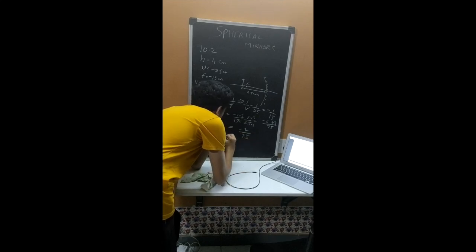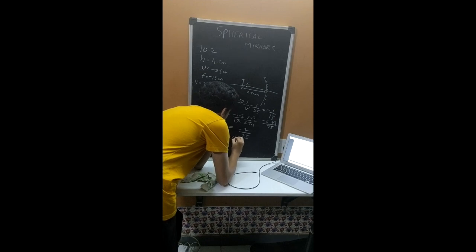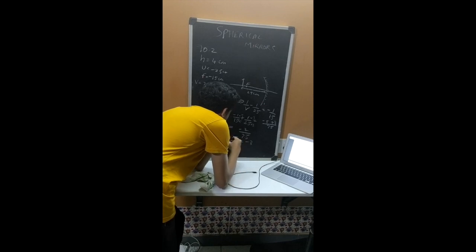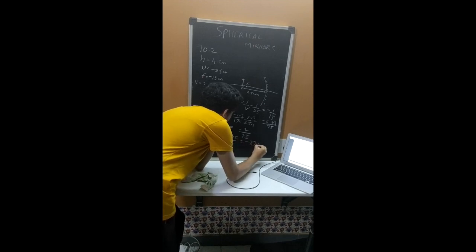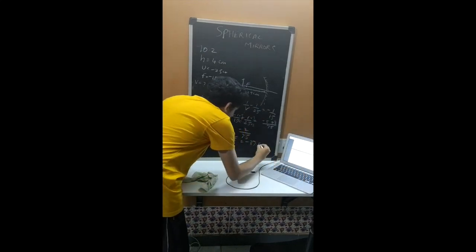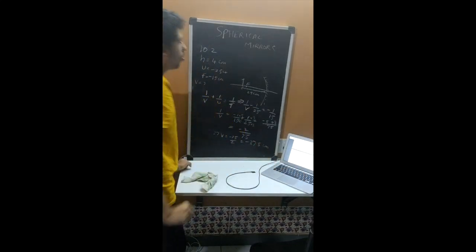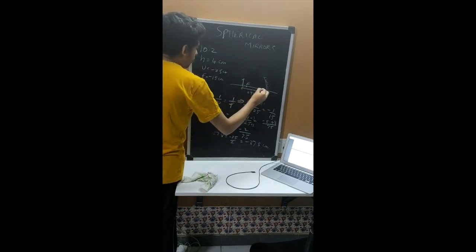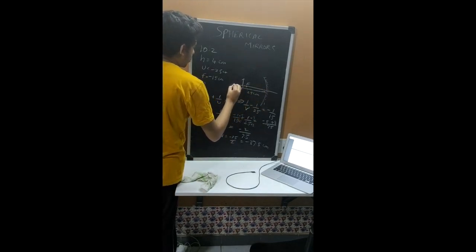This implies v equals minus 75 by 2, equals minus 37.5. Correct? Yes, it is minus 37.5 centimeter. Minus means what? It is on this side. So it is found behind this.